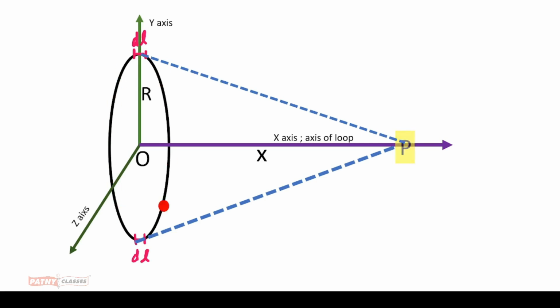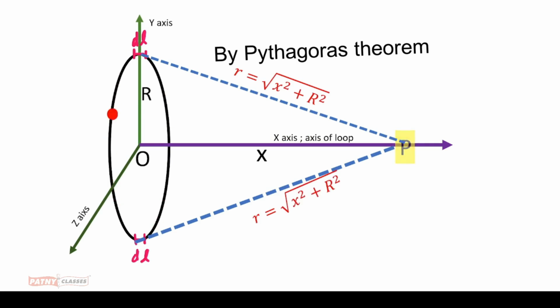Since the point P is equidistant from both small elements dl, the distance between dl and P is given by r, which is equal to the square root of x squared plus R squared. In the first case as well as in the second case, r equals the square root of x squared plus R squared, where capital R is the radius of the circular loop.